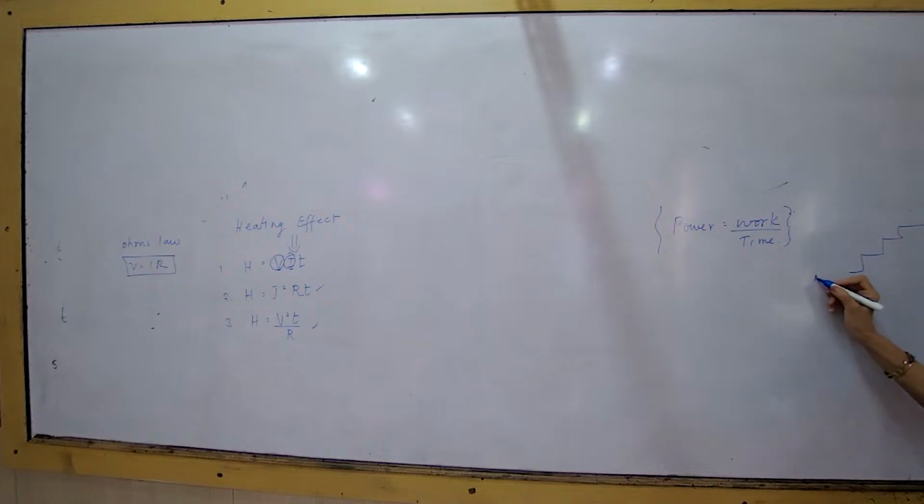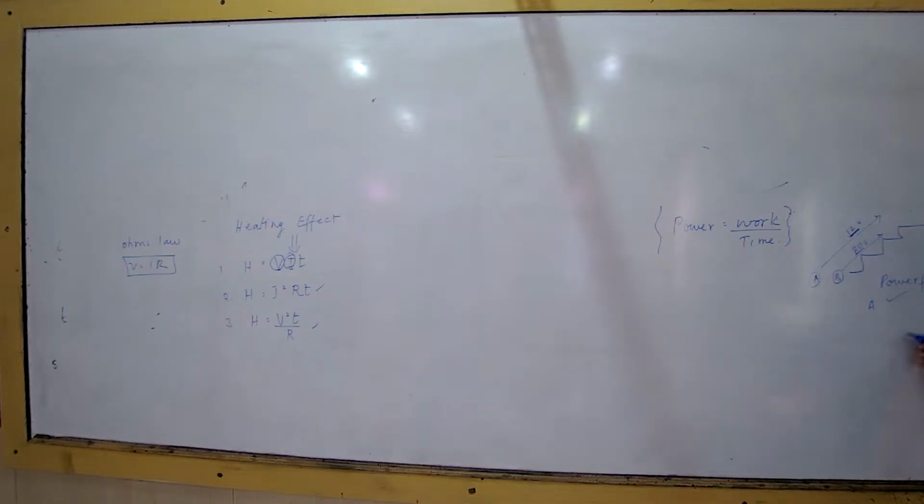Then we have two children here, A and B. Suppose B is taking 20 seconds and A is taking, let us say, 12 seconds to reach. Right? We need to reach the top of the flight. So they are going to run up the stairs. Right? Look at the time factor. A has taken 12 seconds, whereas B has taken 20 seconds. Now, my question is, who is more powerful? What will you say? A. A is more powerful. Why?